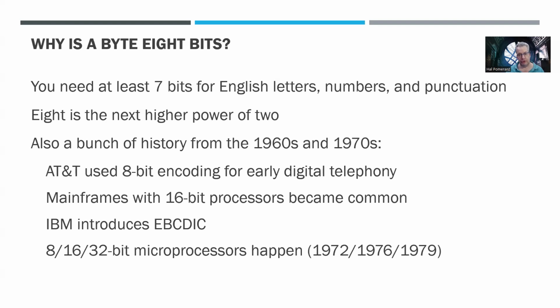Those microprocessors basically made the personal computer revolution happen, right? In the 1960s, those 16-bit mainframes, those 16-bit processors were all custom jobs for that particular mainframe. But the availability of cheap, inexpensive microprocessors kind of revolutionized the industry.